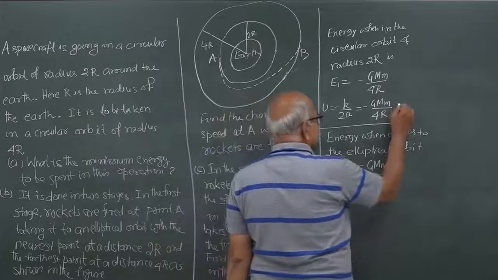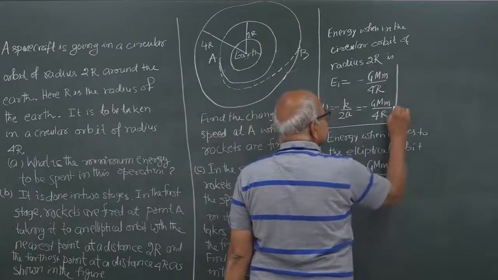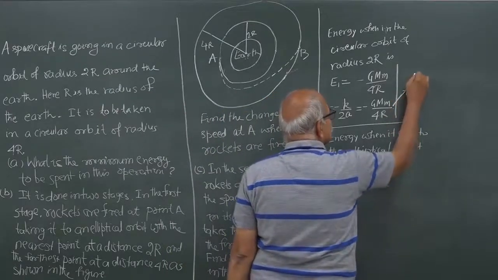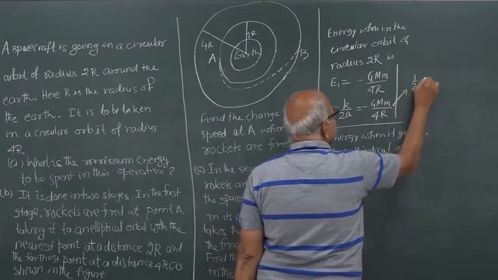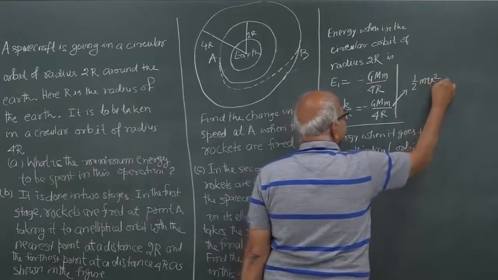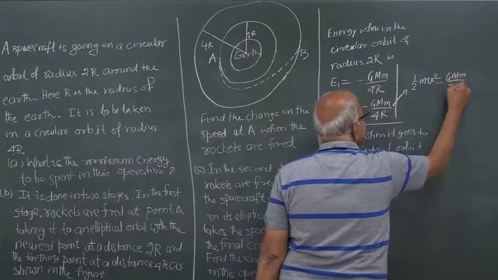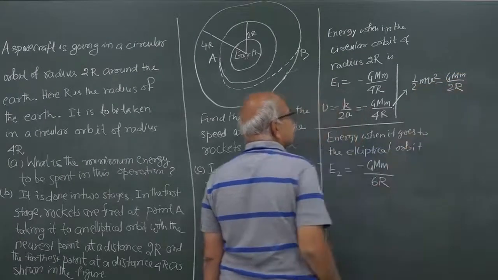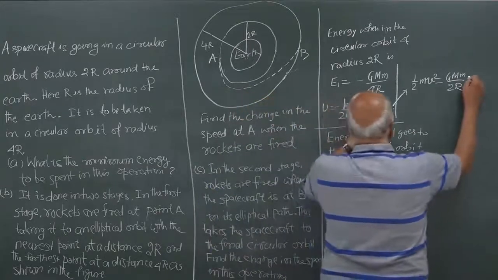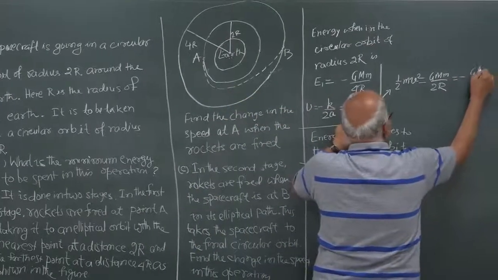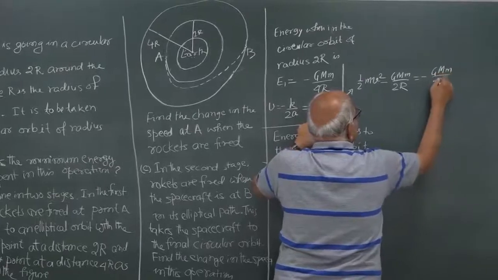From here you can get the velocity, because half mv square and minus GMm by 2r, that is the kinetic energy plus potential energy, is equal to minus GMm over 4r.